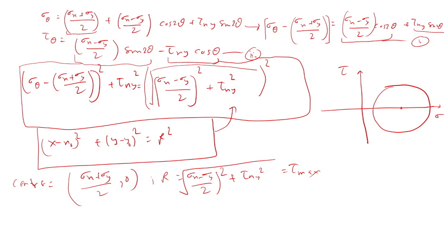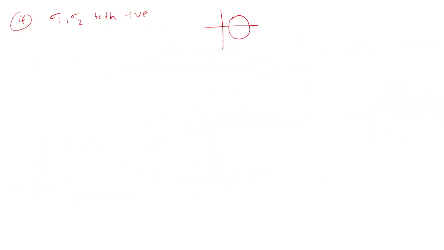In this figure I will tell everything. This will show sigma 2, and this point is showing sigma 1, and what is this? Tau max. So this point would be sigma 1 and this point would be sigma 2.